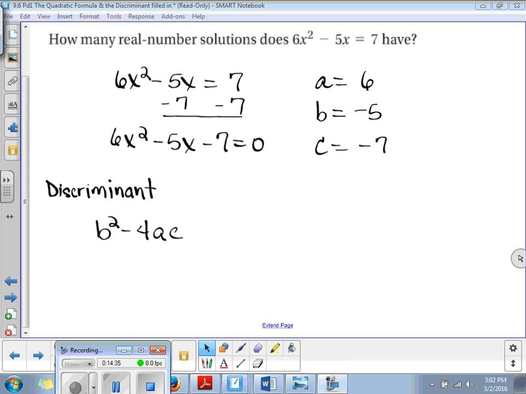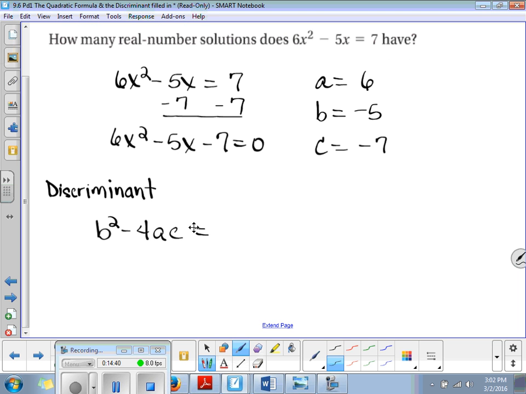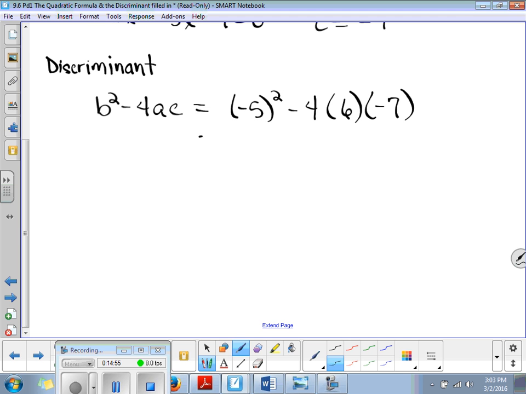Okay. So now we substitute in. So we've got b squared, so that's a negative 5 squared minus 4 times a, which is 6, times c, which is negative 7. So we've got 25 plus 168. Very good. So that gives me 193.